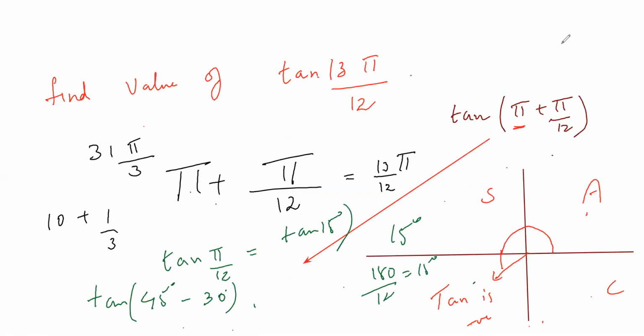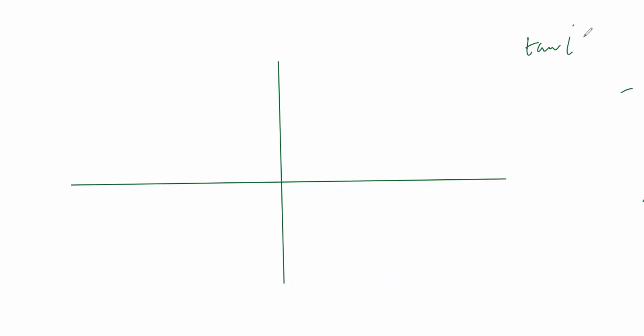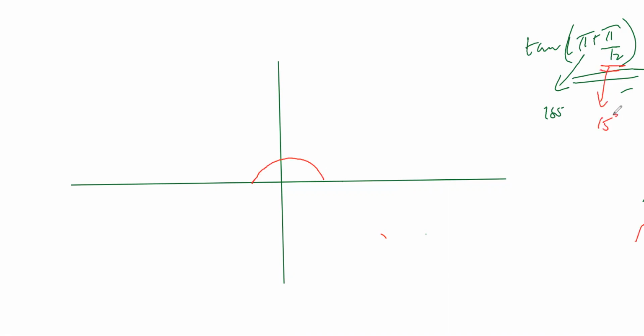So the thing is, I got here tan of pi plus pi by 12. Up to this step, is everyone clear? Pi plus pi by 12. What is the pi value? 180 degree. Pi by 12 value is 15 degree. So it is just extending here, and somewhere the angle is here, the 15 degree value.